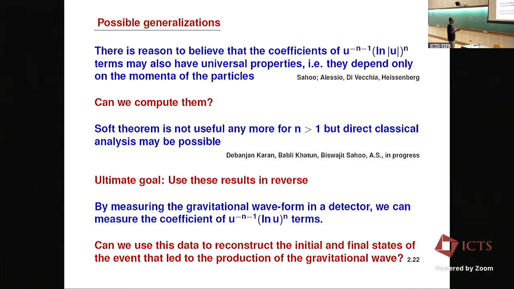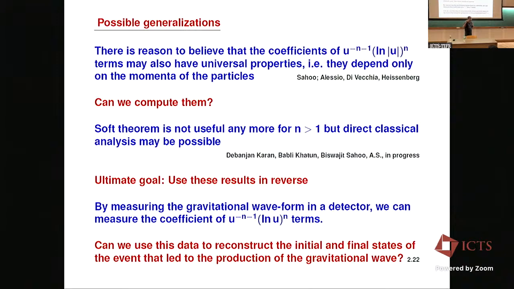If we can do this, then what it is telling us is that by looking at the coefficients of these terms, we get an infinite amount of information about the momenta of the incoming and outgoing particles, because one coefficient gives you one combination of momenta of incoming and outgoing particles.